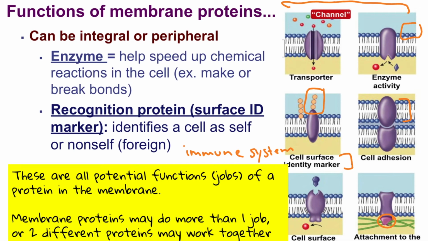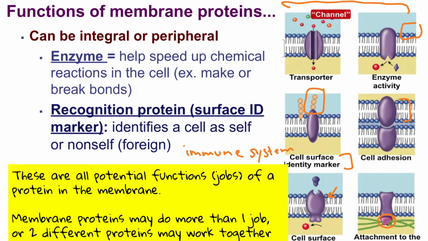Many membrane proteins could do two things, all right? You might have something that is both an enzyme and a receptor protein, like this one, you can kind of see it be both, because if binding that molecule makes this protein catalyze an actual reaction that involves the breaking or making of a bond, then it's also an enzyme.